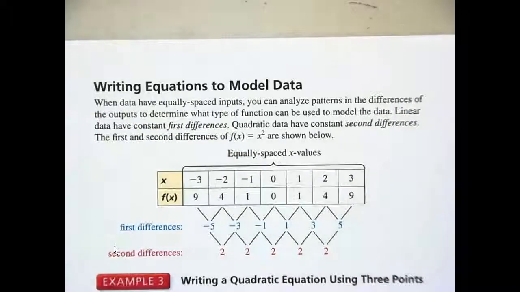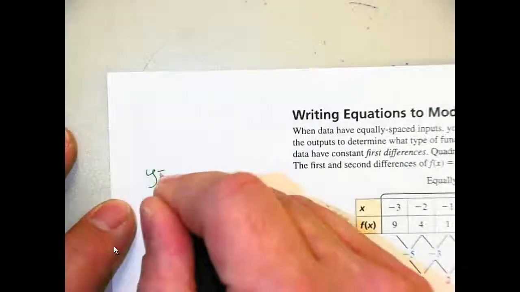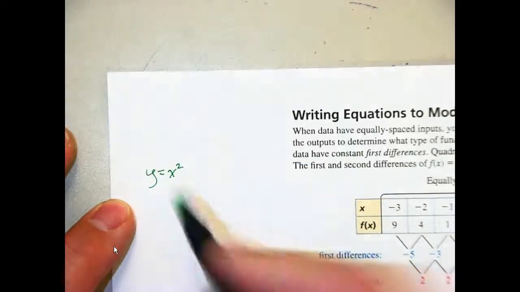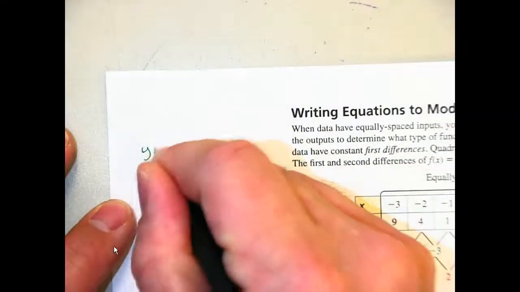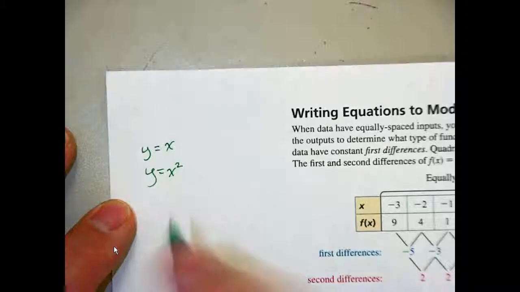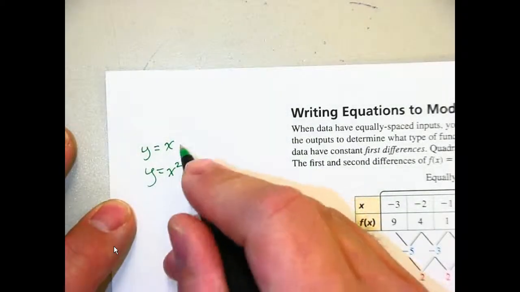If you're given something in table form, most of you know that in equation format, if you have y equals x squared, a variable squared, it's a quadratic, versus if it looks like this, it's linear. So you have your quadratic, you have your linear.